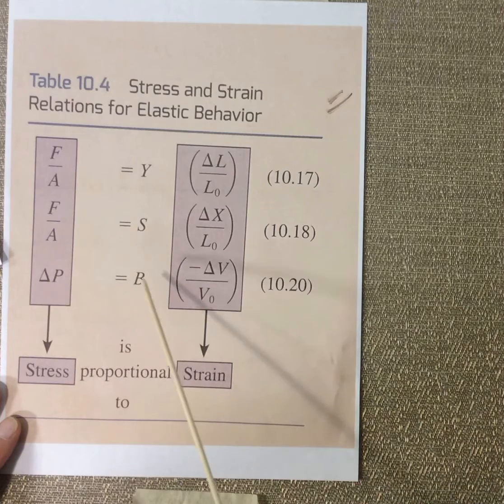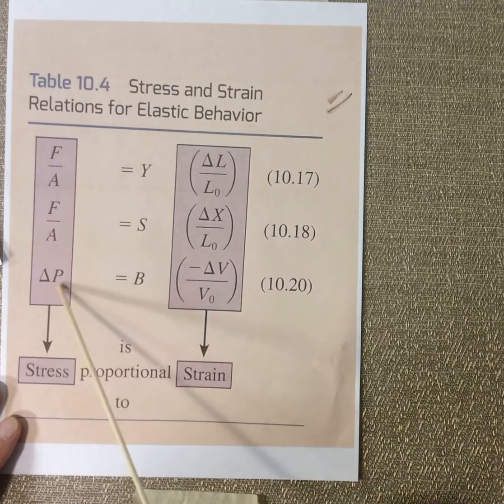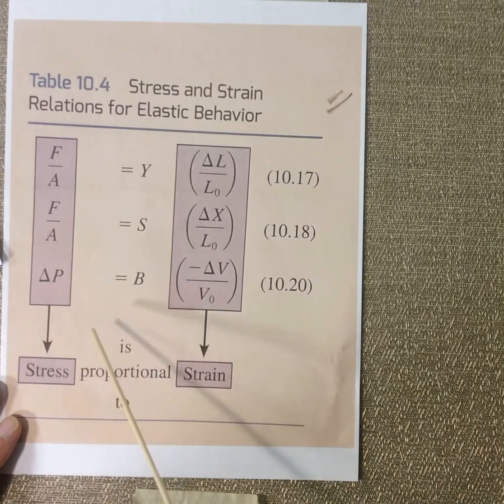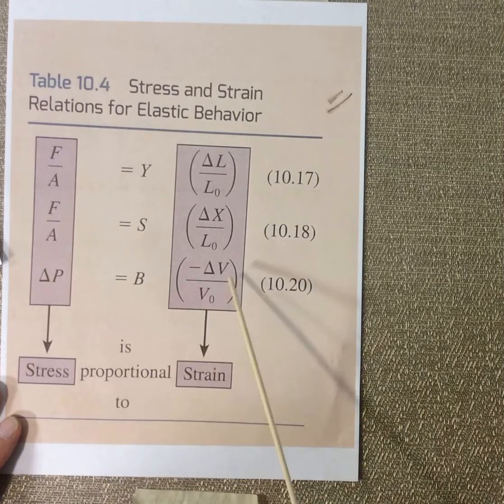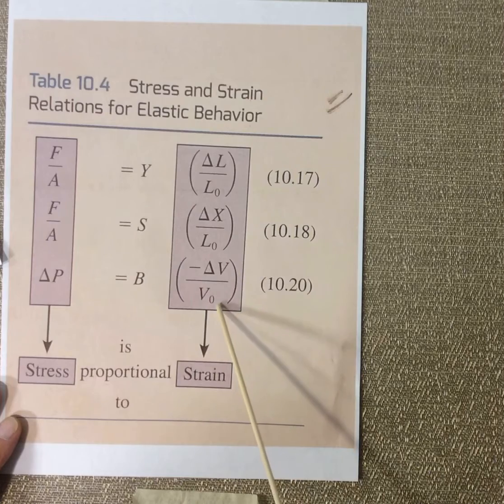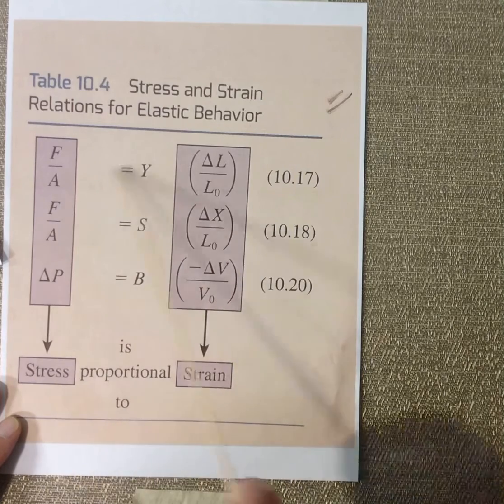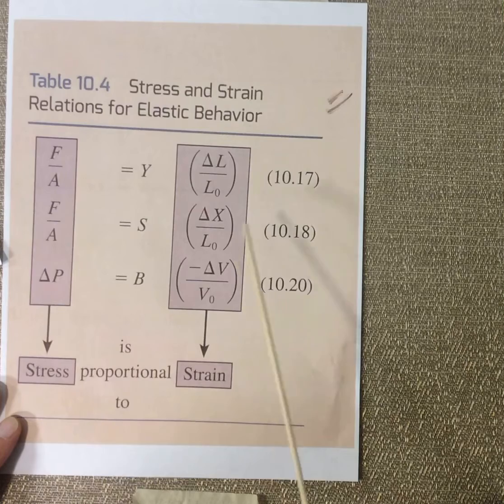And the bulk modulus is here, which is delta P, the change in pressure, equals negative B times delta V over V0. So as you see, stress on the left side is all proportional to the strain.